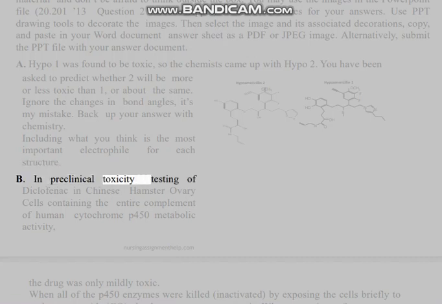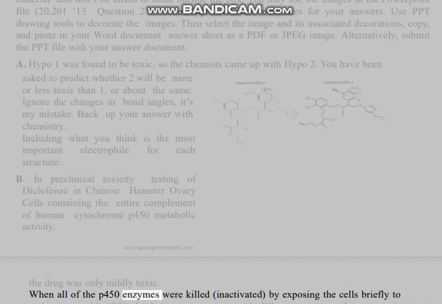B. In preclinical toxicity testing of diclofenac in Chinese hamster ovary cells containing the entire complement of human cytochrome P450 metabolic activity, the drug was only mildly toxic. When all of the P450 enzymes were killed, inactivated, by exposing the cells briefly to carbon monoxide, CO, the drug was even more toxic.